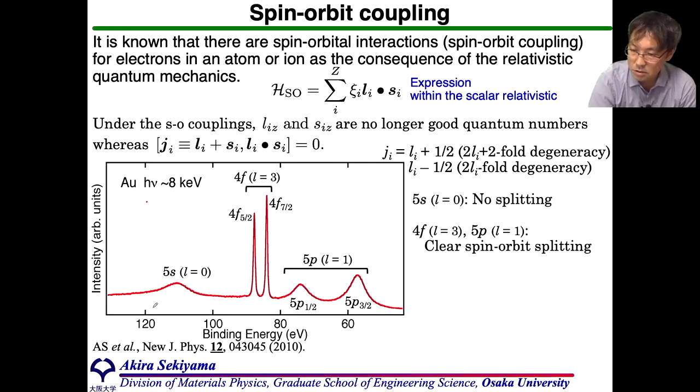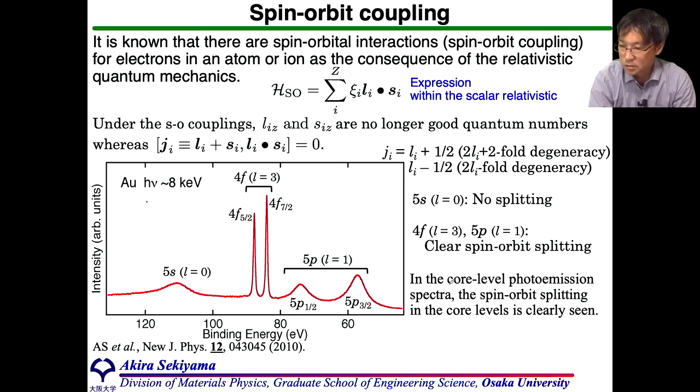You can notice that the 5s peak is a single peak with no splitting. But for the 4f and 5p core-level states, a two-peak structure is seen. This is due to the spin-orbit coupling. For instance, for the 5p state, the orbital quantum number L is 1, and for the 4f state, L is 3.